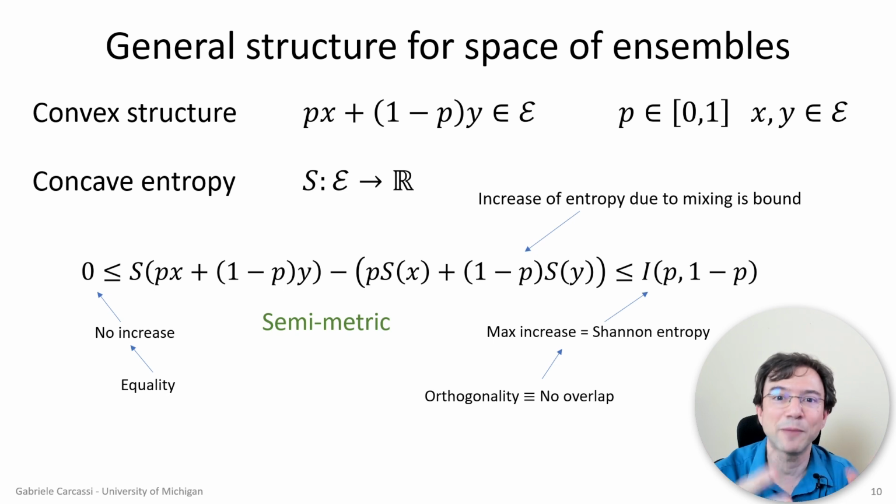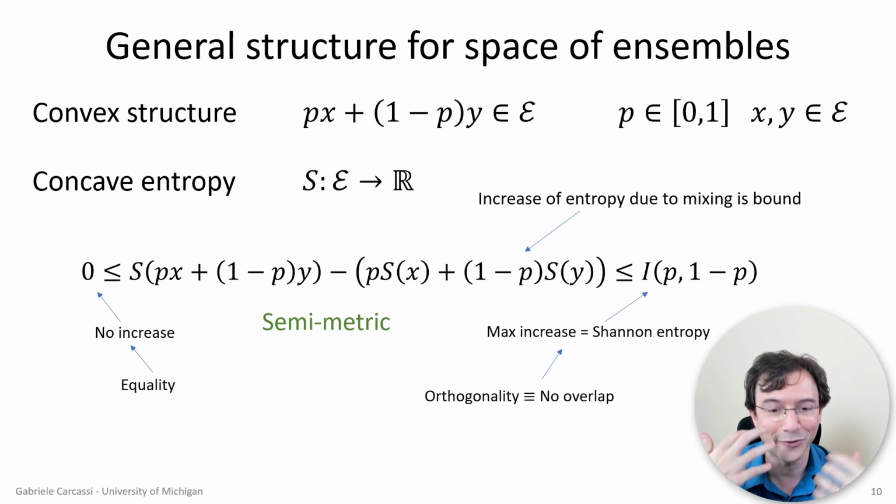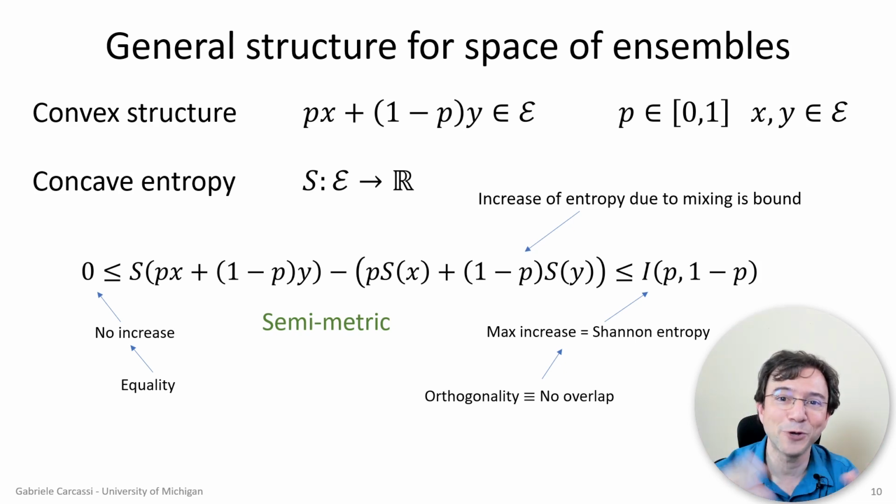The idea is that ensembles are the basic element of a physical theory, because whenever we perform a measurement and we want to test a certain physical theory, we need to gather statistics. We need to make sure that things are repeatable and that we always get the same statistics. And so the idea at a conceptual level is that physical laws always give us a relationship between ensembles and ensembles.